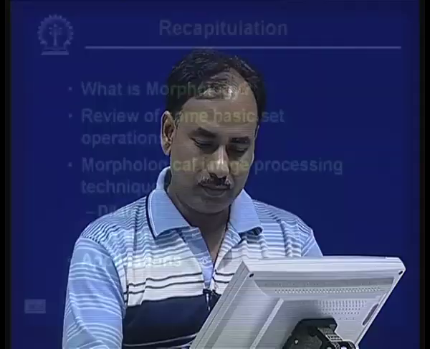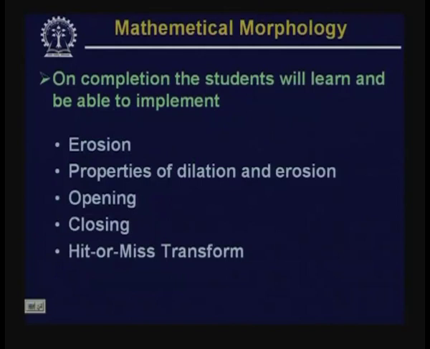Then we had defined another operation which is called erosion, and in today's lecture we are going to discuss elaborately what is erosion. So, in today's lecture, we will have an elaborate discussion on the morphological operation called erosion.